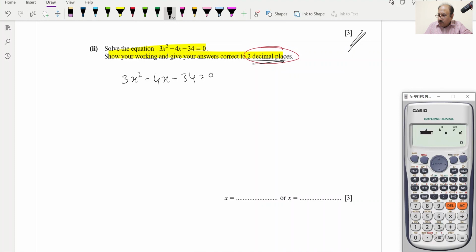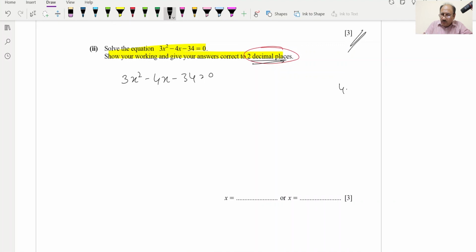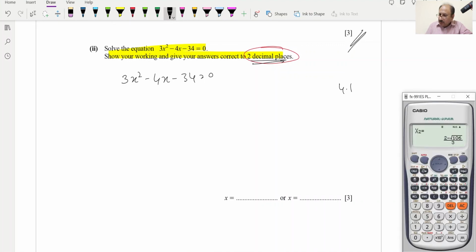So mode 5 3 will be what? This will be coefficient of x squared is 3, coefficient of x is minus 4, and constant value is minus 34, and this will be giving us basically decimal value 4.1. One value will be 4.1, and the second value will be minus 2.76.